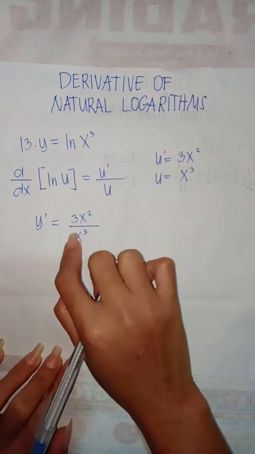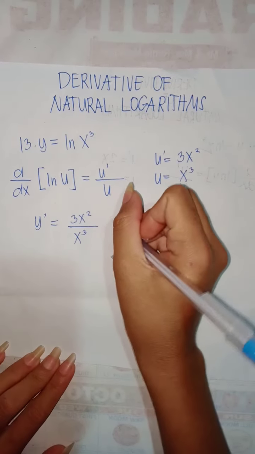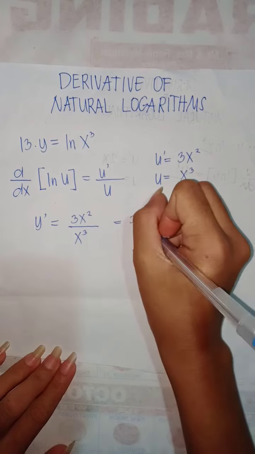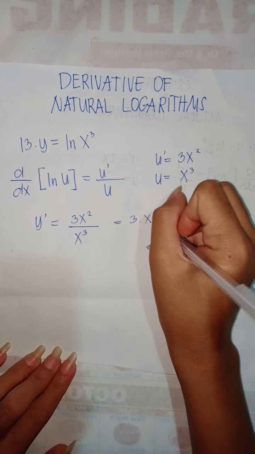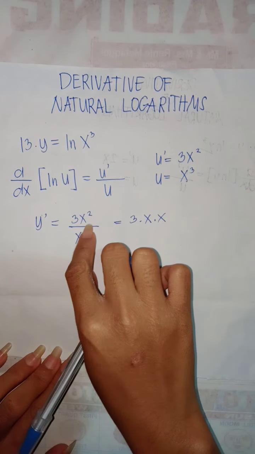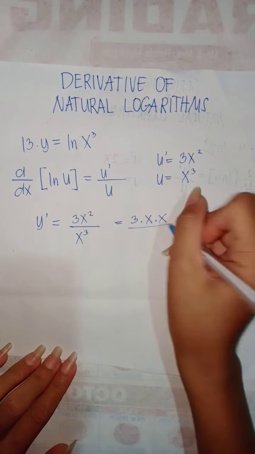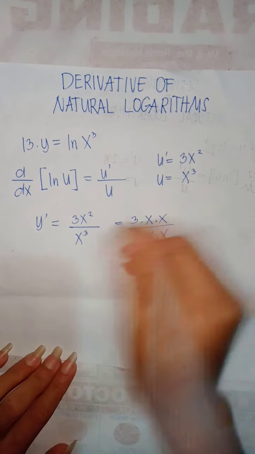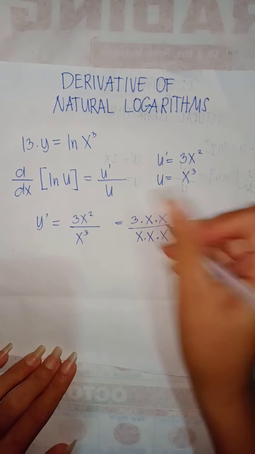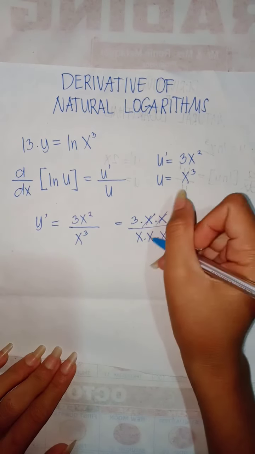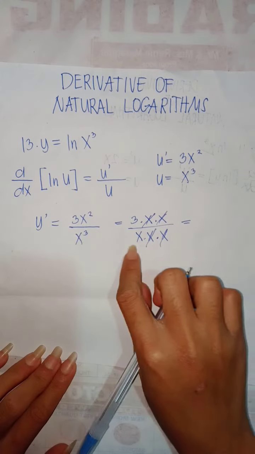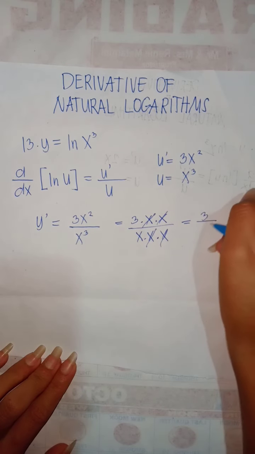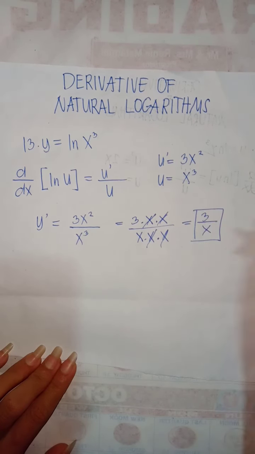We can simplify this through 3 times x times x because of the x squared, and x times x times x for the x cubed. So let's cancel out the 2 x's, and the remaining is 3 over x. And this is our final answer.